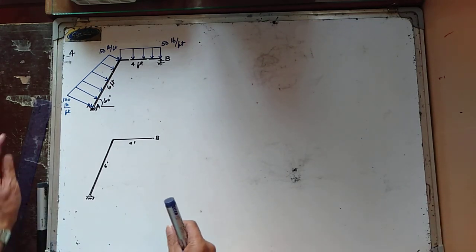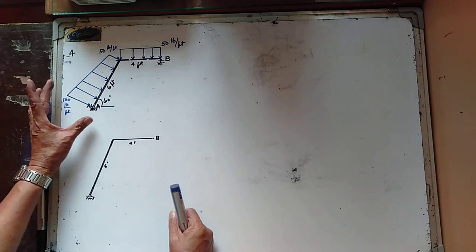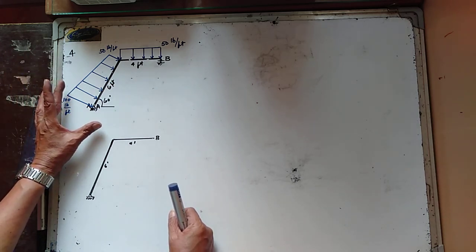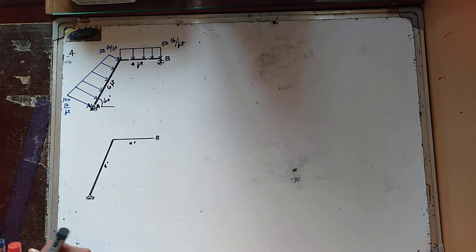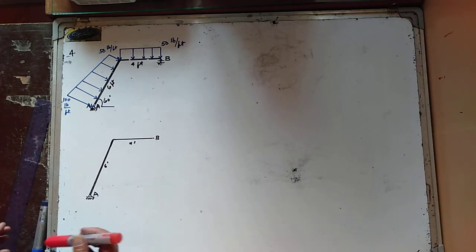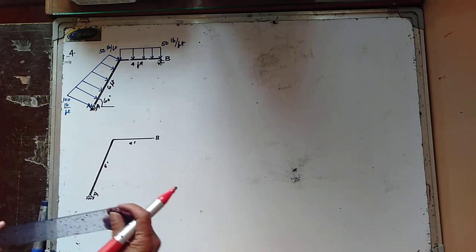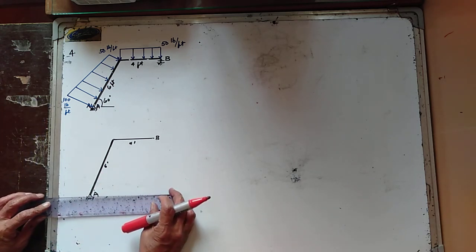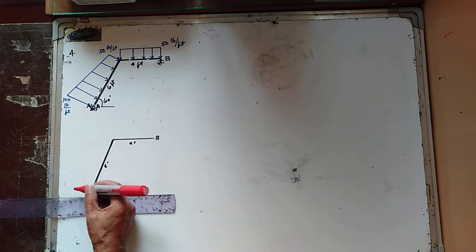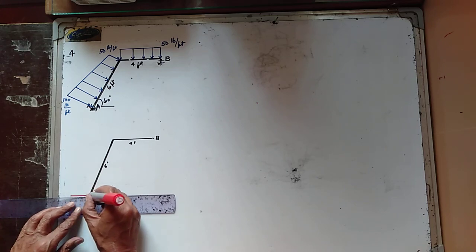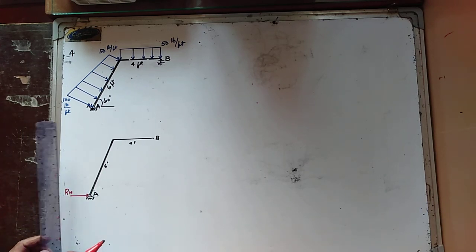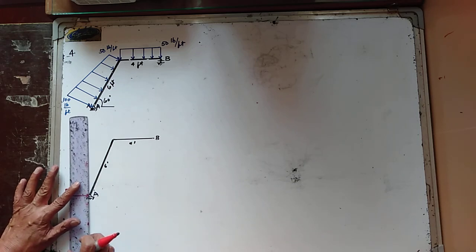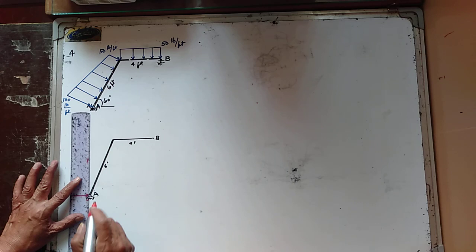Okay, next. Replace the loading by an equivalent resultant force and couple moment at point A. So this is your point A. Let us replace this by a resultant force, and the components of the resultant force: this is RH, the horizontal component of the resultant, and this is the vertical component of the resultant force.